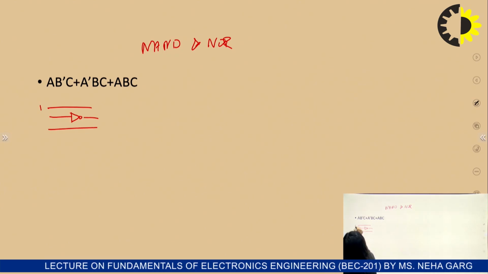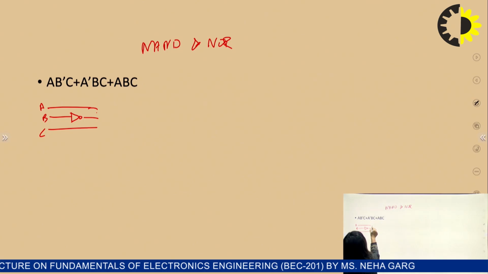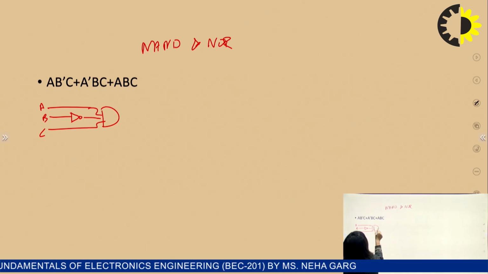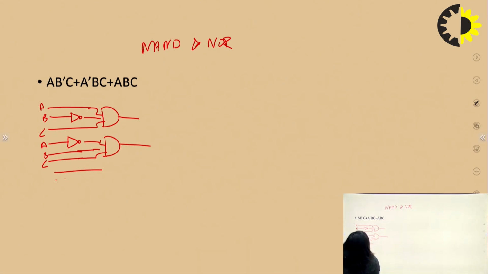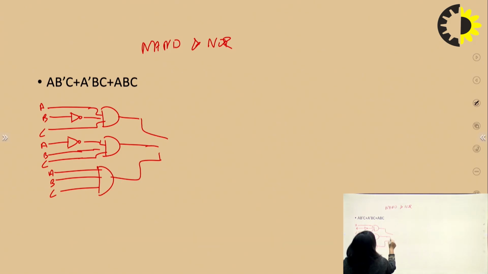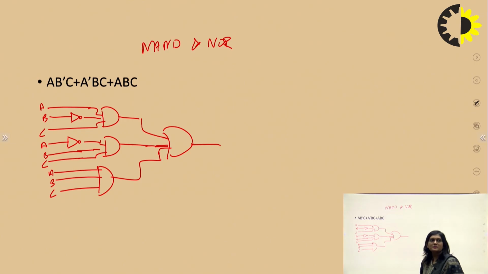Like this is A, B, C. After that, this is the AND gate. After that, like A, B, C. Like this, we have designed it with the help of the basic gates.